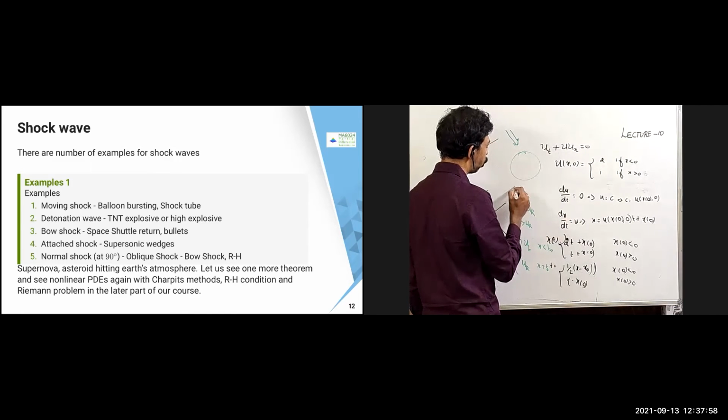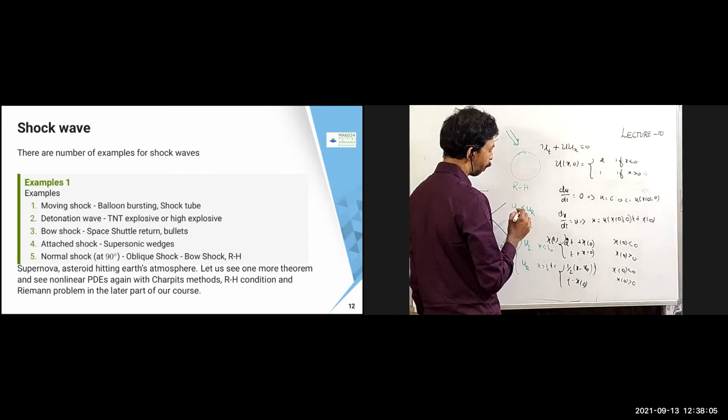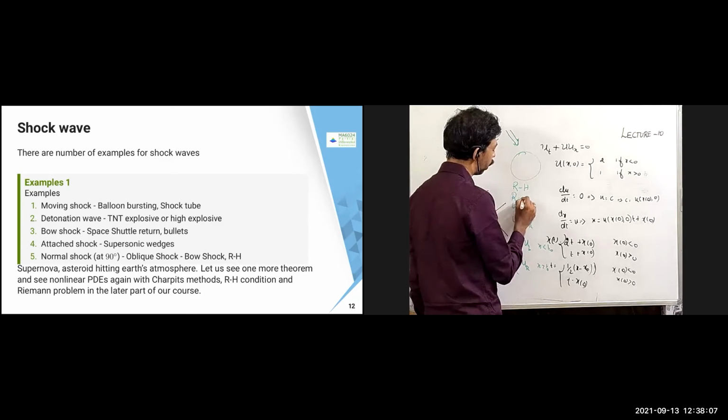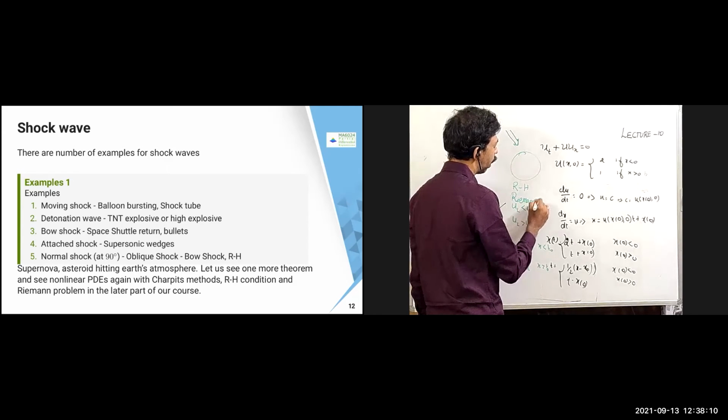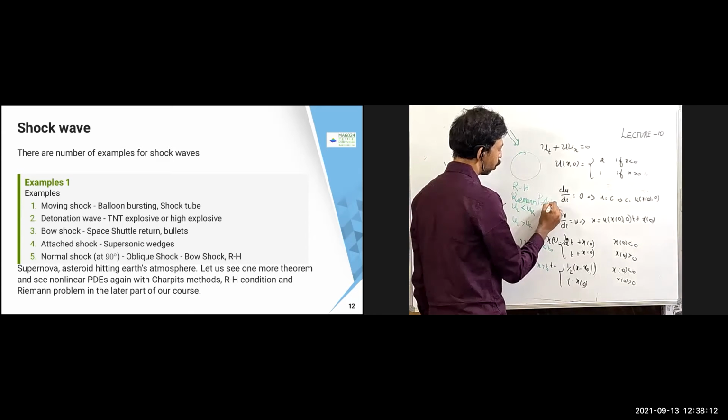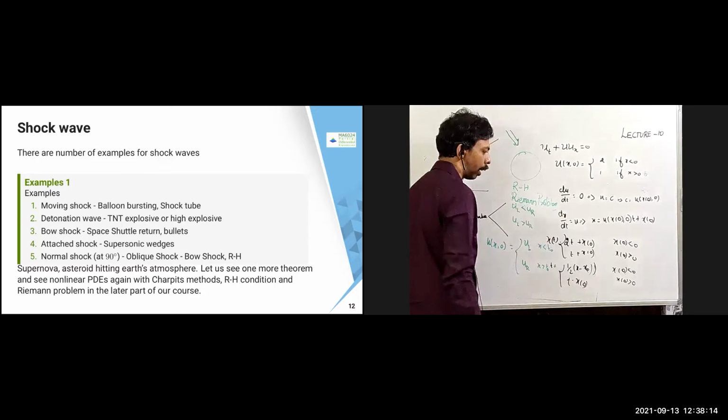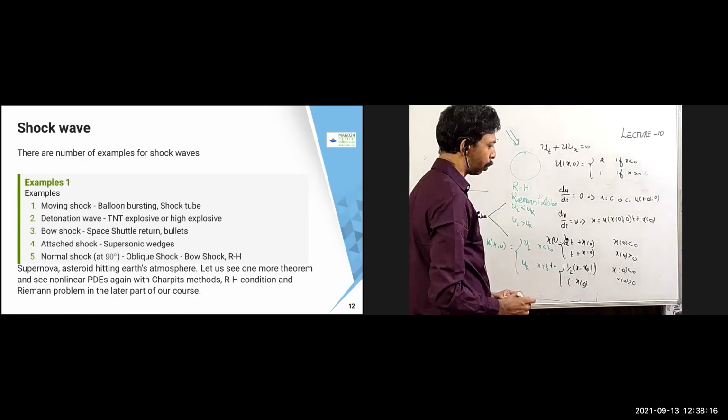In this case, we need to define something called the RH condition. Those conditions we will see, and we will also have a problem called the Riemann problem. So for this, some more knowledge about this PDE is required. Therefore, we will push it to the end of the lecture to discuss how to solve this kind of problem.